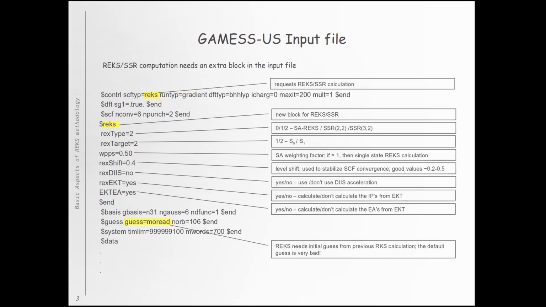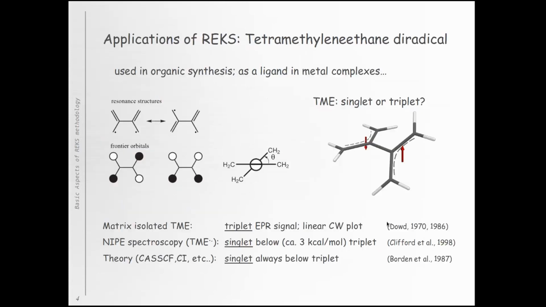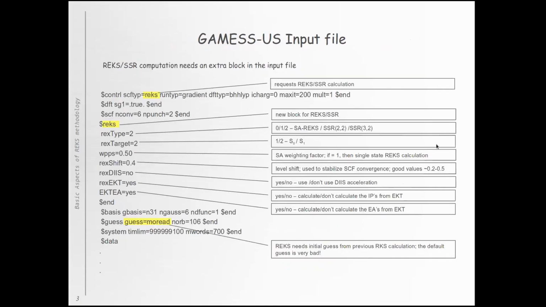Later we will do calculations for one molecule, which is known as TME, the tetramethylene ethane molecule, a diradical. For this molecule, with the 6-31G star basis set, the number of molecular orbitals is 106.